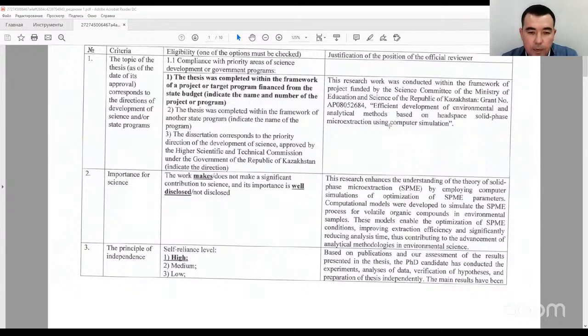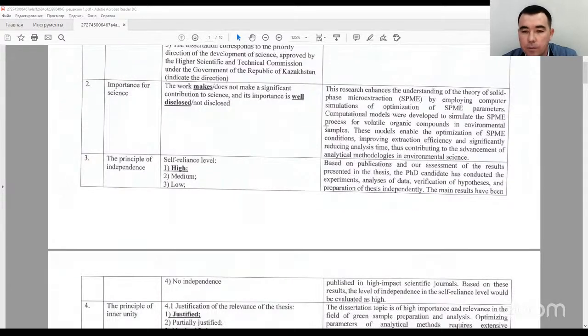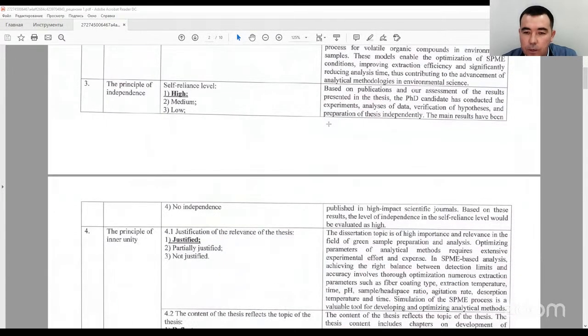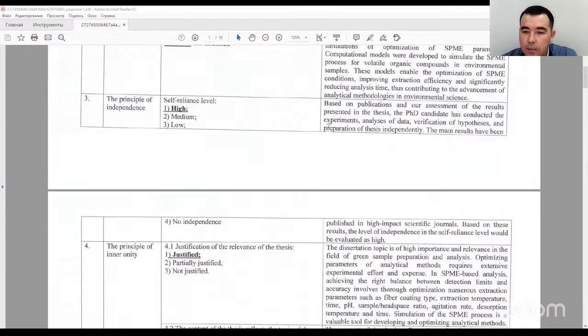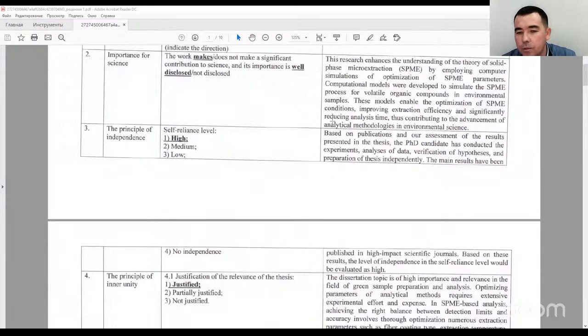Importance for science. The work makes a significant contribution to science, and its importance is well disclosed. This research enhances the understanding of the theory of solid phase microextraction (SPME) by employing computer simulation for optimization of SPME parameters.